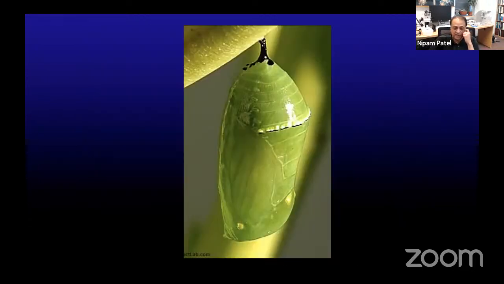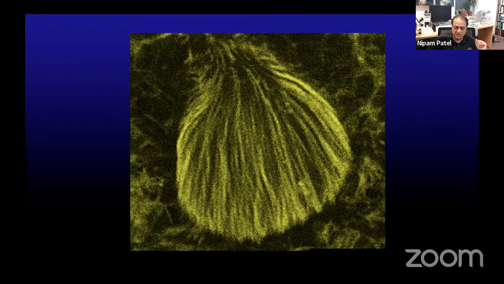Again, part of the challenge is that all of these scale structures are made in the chrysalis of the butterfly. The imaginal disc that you have in the larvae is just smooth epithelia without any scales, and the scale cells don't begin to differentiate until pupation. Then those scale cells begin to grow out. What you're seeing here is the actin cytoskeleton inside that cell.